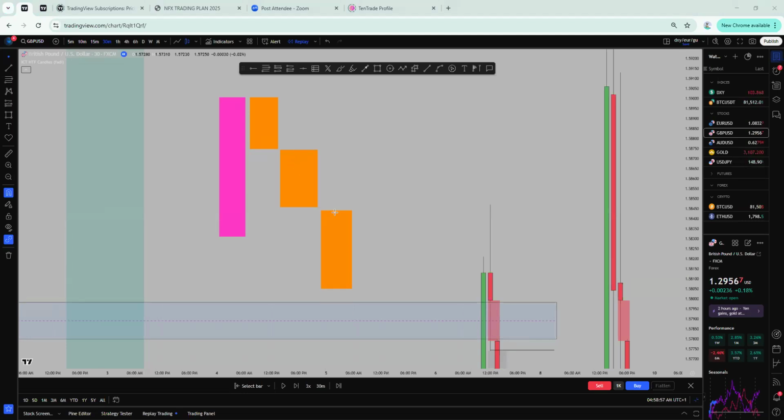When you have these 3 candles, we can have a fair value gap within them. Now, price is more prone to come into this fair value gap than to just retest the low of this order block here. I don't know if you guys understand.